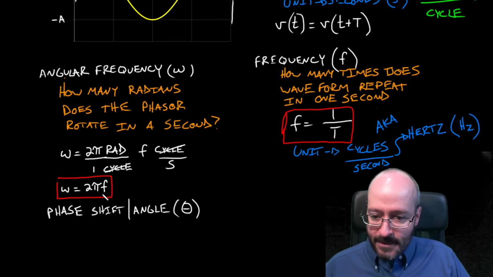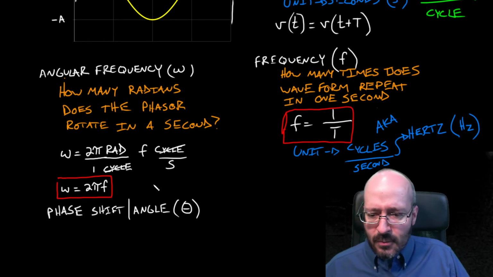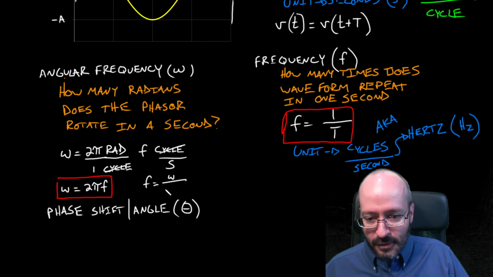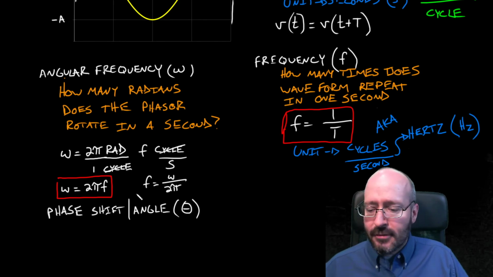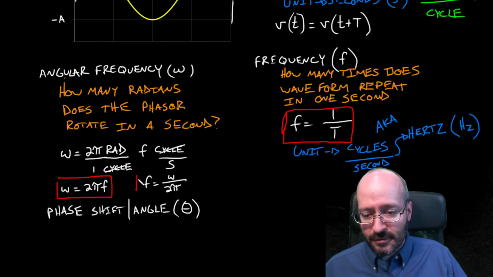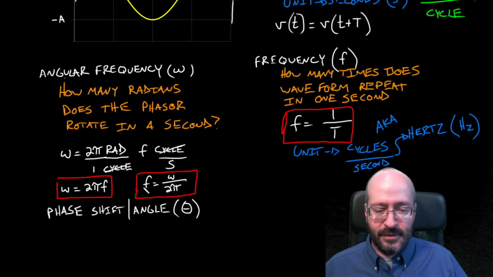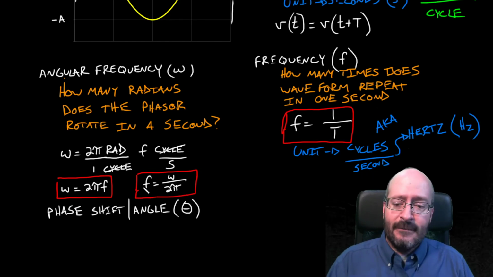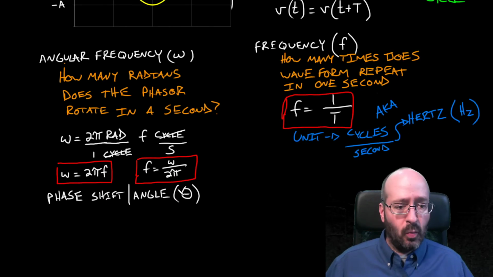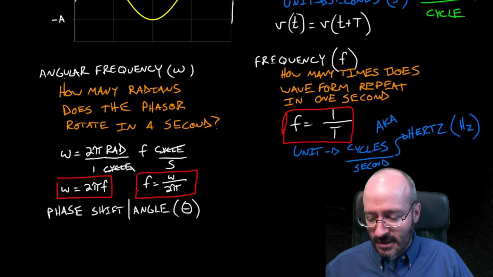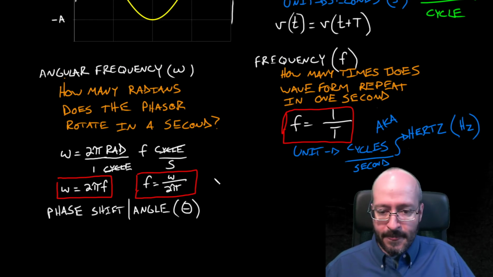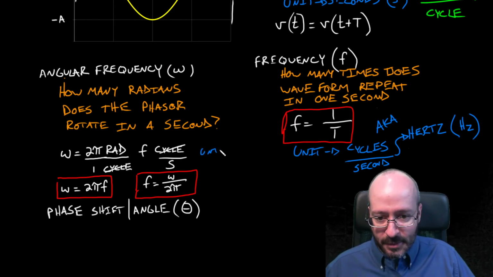All right, we can do that the opposite way. We can say that the frequency is omega over 2 pi. Okay, just solving that for f. Go ahead and check the units yourself, because I know you're bored sitting at home just like I am, and you'll find that the units work out nicely for that one as well. So the units in that case, looking at the units here, are in radians per second.